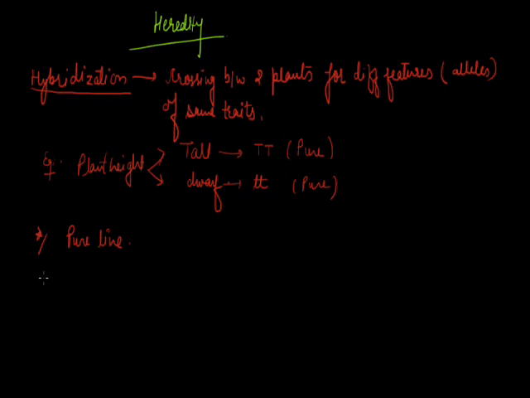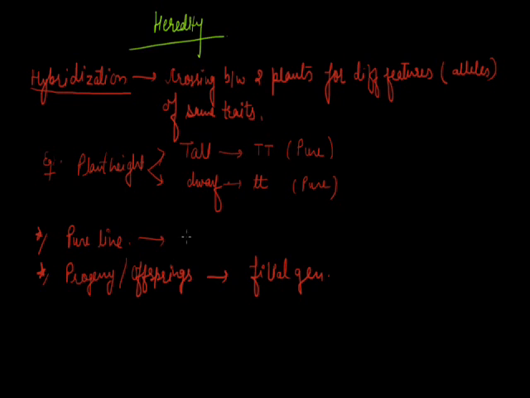Mendel's method. Next, the generation formed after the crossing of plants is called the filial generation. Here you can see the progeny or offspring are known as the filial generation.